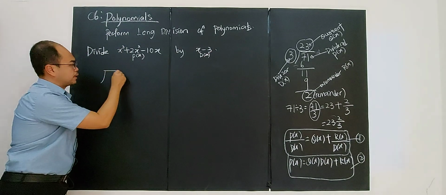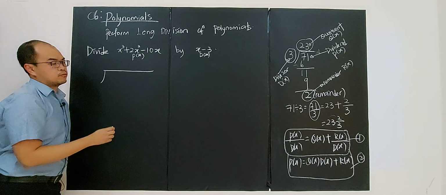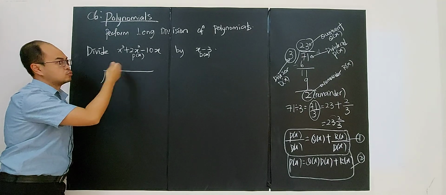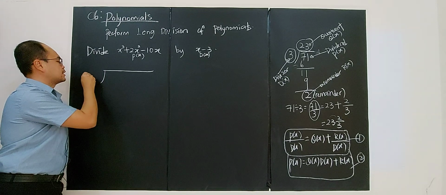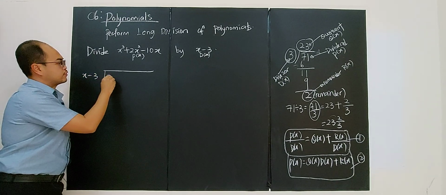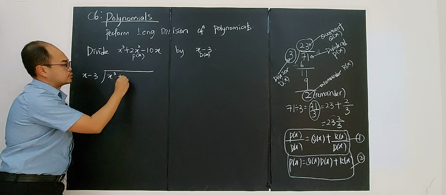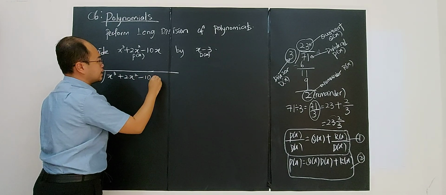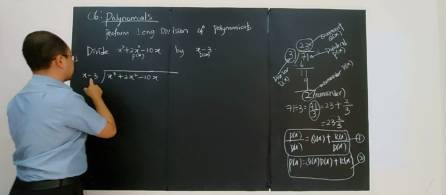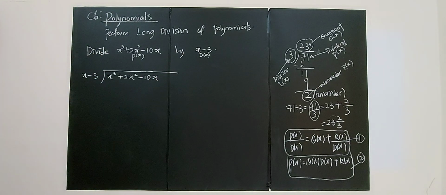You apply your knowledge of division of numbers to algebra, which is a polynomial. So your divisor is x minus 3, and you have x cubed plus 2x squared minus 10x divided by x minus 3.